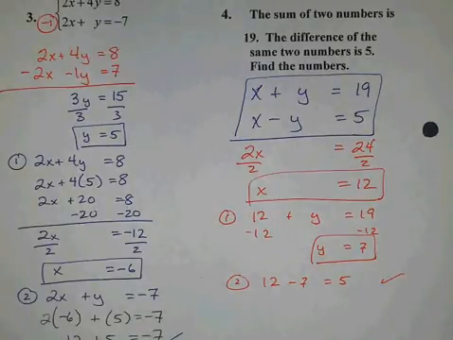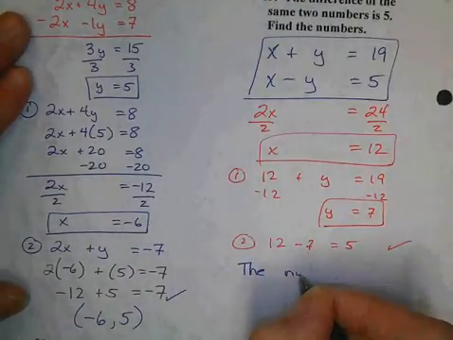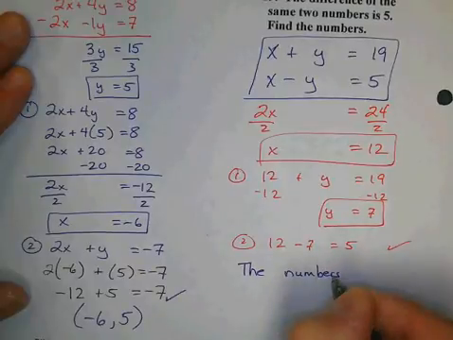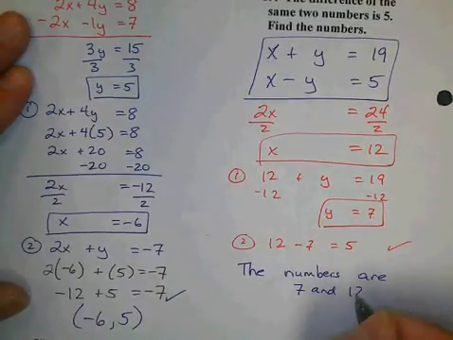Now, in this case, we can't put our answer, Tara, as an ordered pair. Because it's not saying graph these. It's saying what? What's the question? What's the command? Find the numbers. So how must we answer? The numbers are 7 and 12.